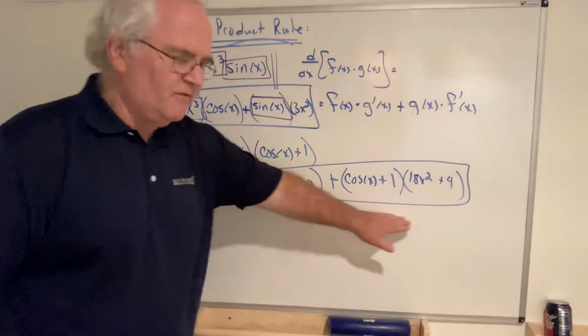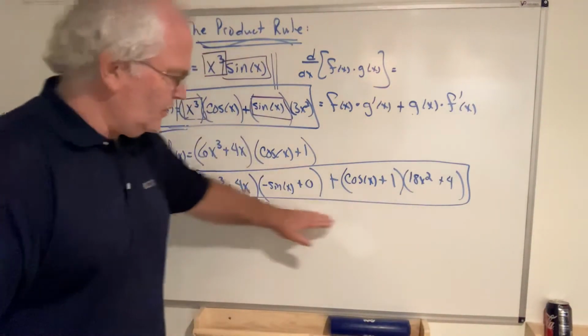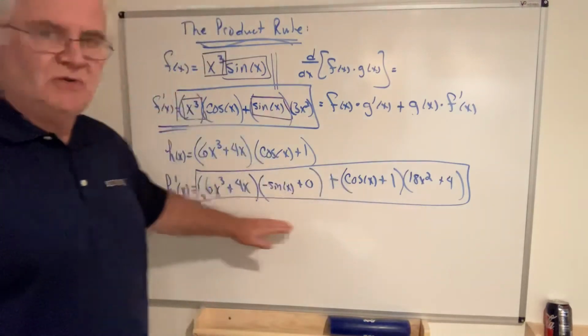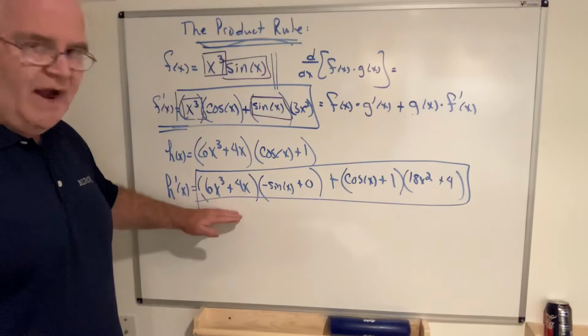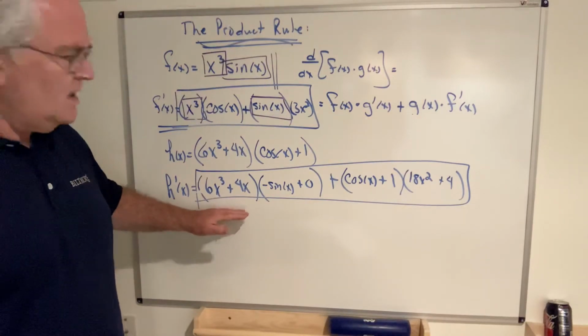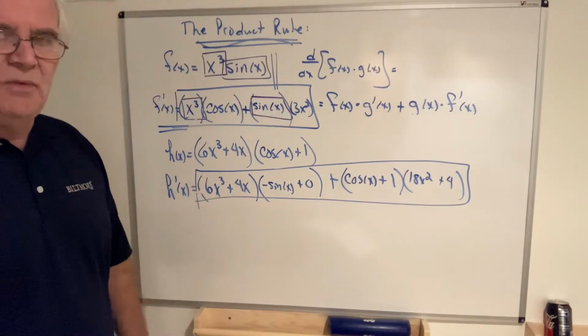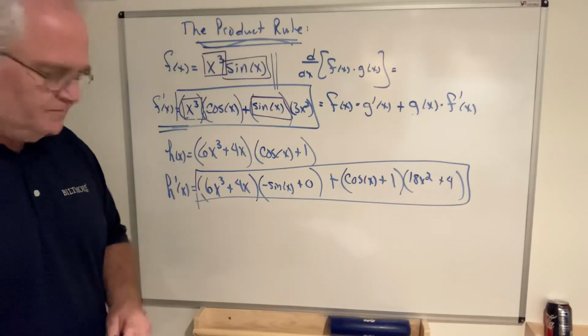Don't try to simplify it. Students get the derivative part correctly, then they try to show off, simplify it when they don't need to, and then they mess up the algebra. So just find the derivative and leave it alone.